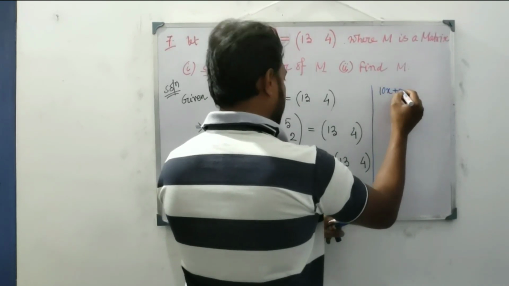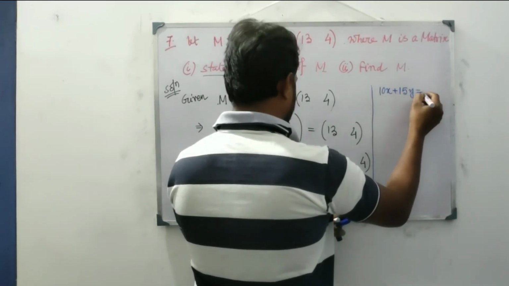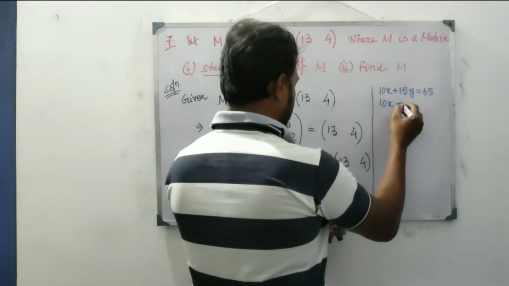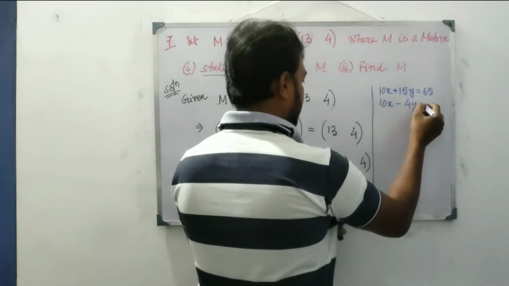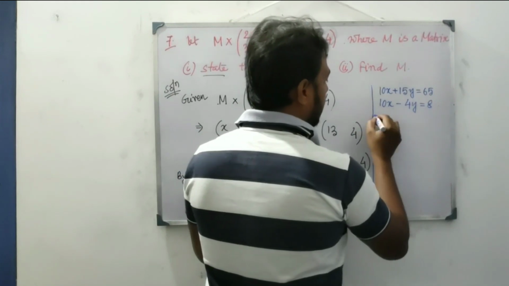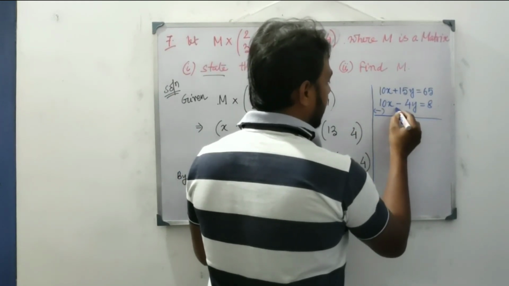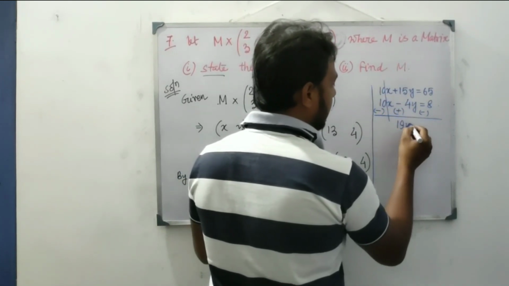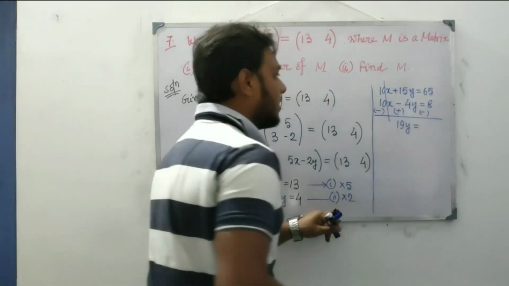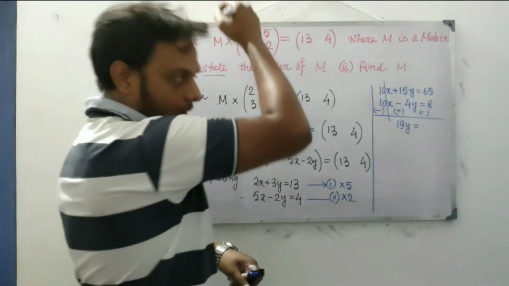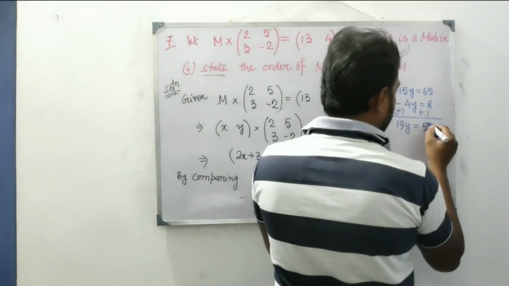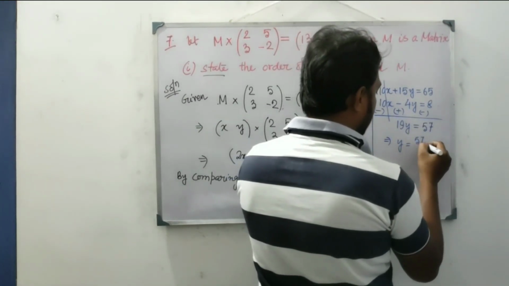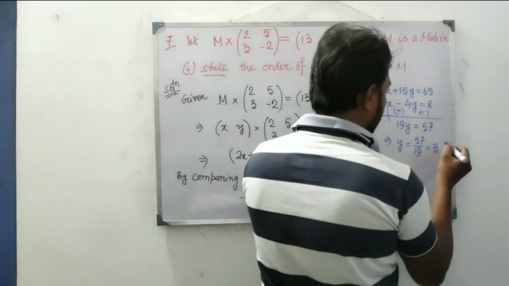So multiplying, the first equation becomes 10x plus 15y equals 65, and the second becomes 10x minus 4y equals 8. Now subtract: this term cancels out and we get 19y equals, if we subtract 8 from 65, 57. This implies y equals 57 by 19 equals 3.